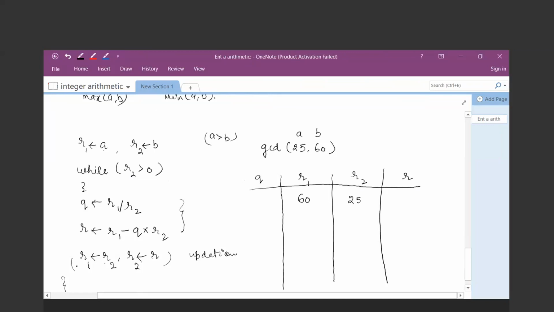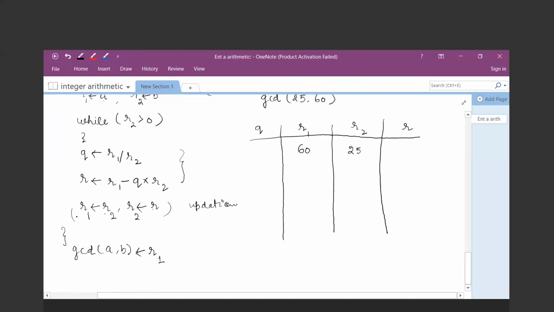Now what is my step? First, we check whether R2 is greater than 0 or not. Yes, it is, so we proceed. The first step is to calculate the quotient, that is R1 divided by R2. So divide it: the quotient is 2 and the remainder is 10. Put these values here, 2 and 10.